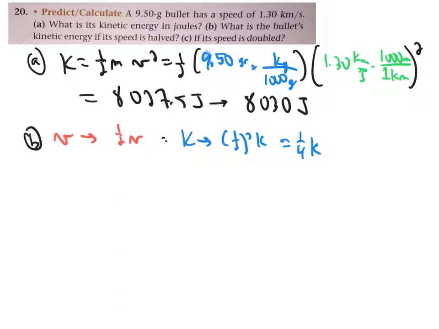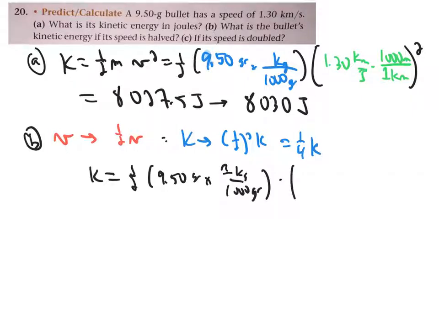And just to be clear about it, we probably should prove that so that in the future you don't have to. So we'll have the same kind of thing. We'll have a half and then 9.50 grams times 1 kilogram per 1,000 grams, and that's not going to change. And now we'll have 0.65 kilometers per second times the same 1,000 meters per kilometer, all squared.